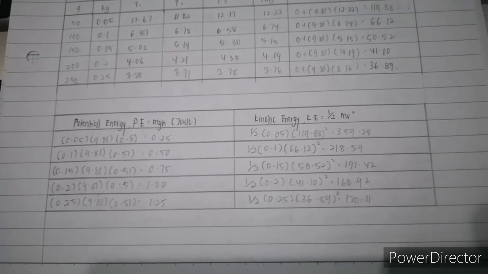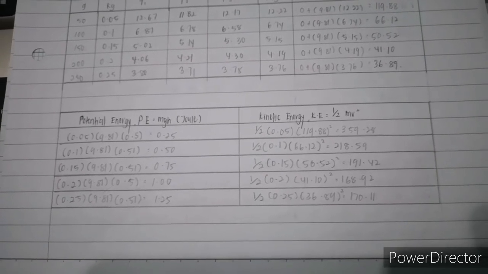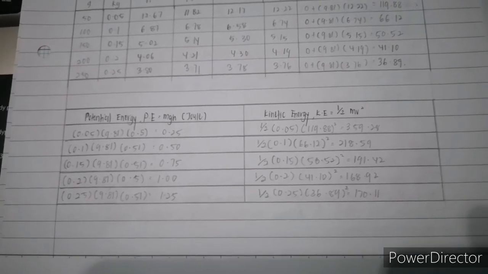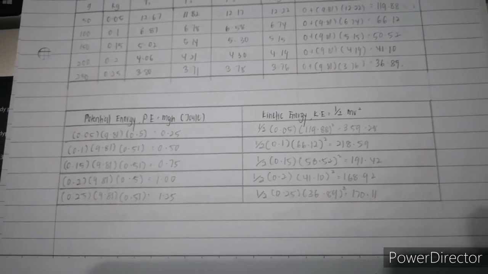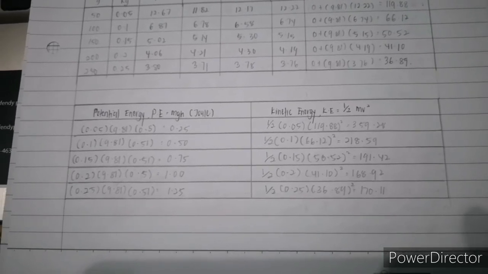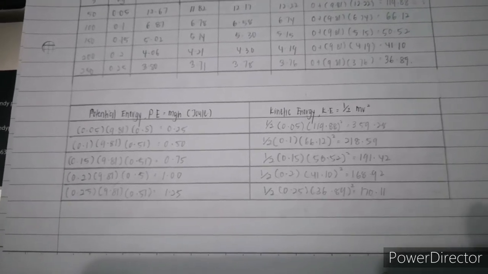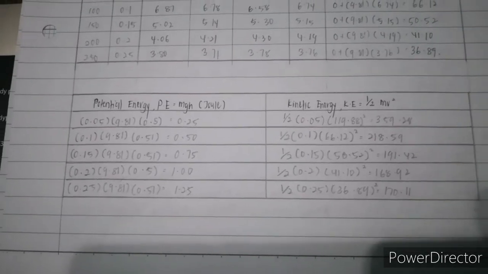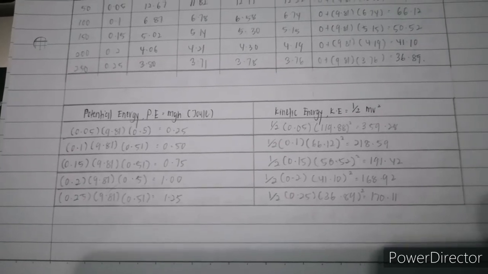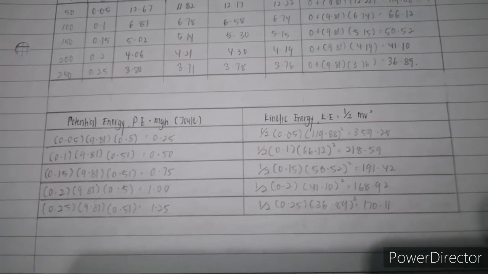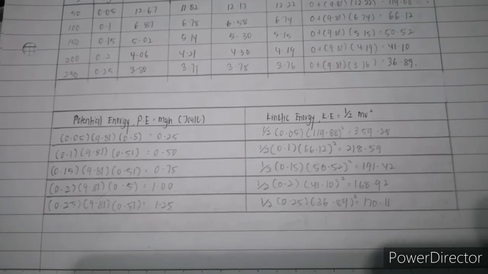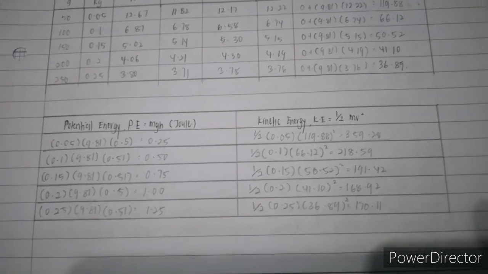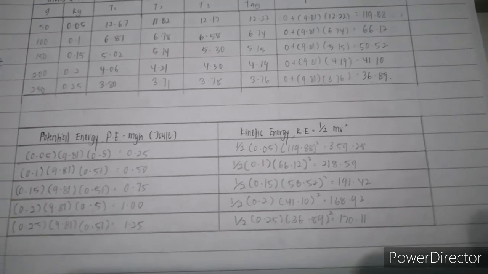And the third one is 0.15 multiplied by 9.81 and multiplied by 0.51, and we get 0.75. And the fourth one is 0.2 multiplied by 9.81 multiplied by 0.51, and we get 1.00. And the last one is 0.25 multiplied by 9.81 and multiplied by 0.51, and we got 1.25.